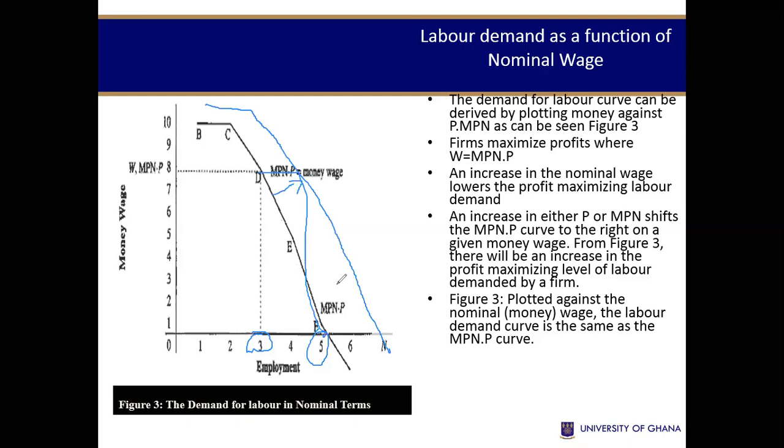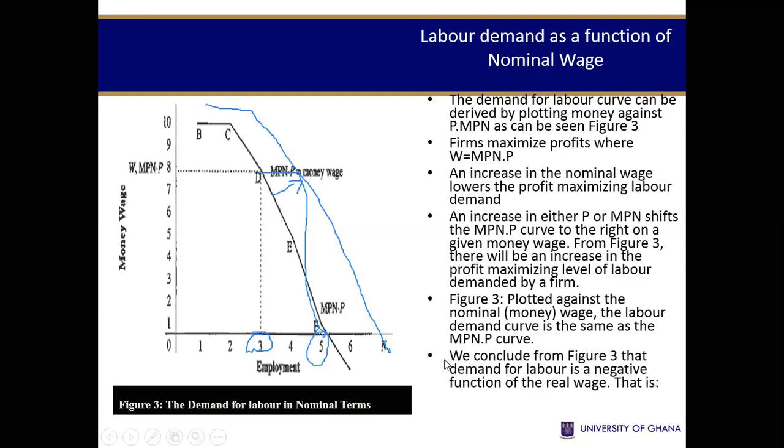Whenever there's an increase in real wage, we've realized that there's a decrease in the demand for labor. And whenever there's a decrease in the real wage, then there's an increase in the demand for labor. So this is what I was talking about. There's a negative relationship between demand for labor and the real wage.